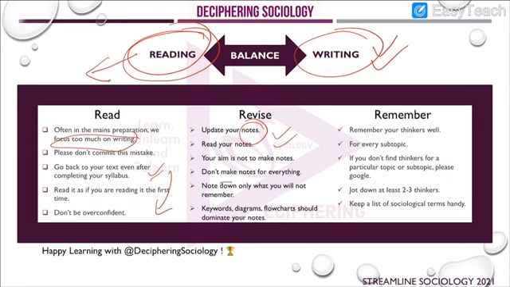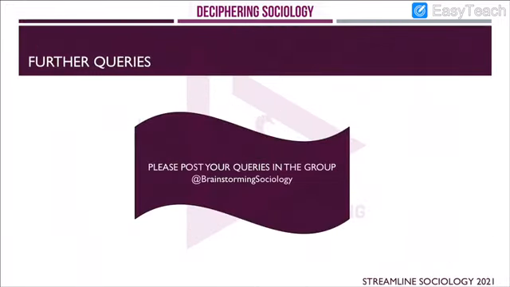While note making, revise them, and don't note down everything, only that much which you are going to forget. Especially the keywords, diagrams, and flowcharts should be included in your notes. Remember your thinkers and find at least 2-3 thinkers from either your textbook or from Google.